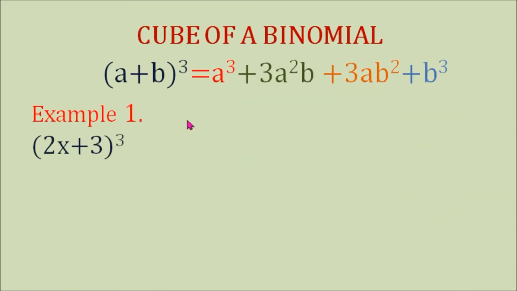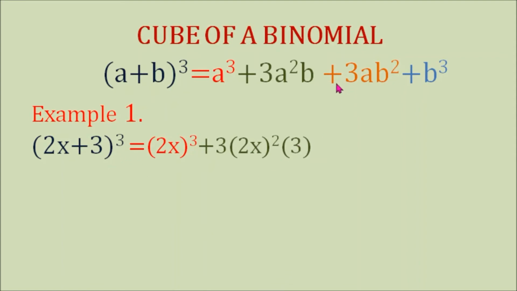Example number 1. The quantity 2x plus 3 cubed. So this is our pattern here. Our first term is a cubed, so that's the quantity 2x cubed. Our second term is 3 times a squared b, so that's 3 times the quantity 2x squared times b, so our a here is 2x, and then our b here is 3.